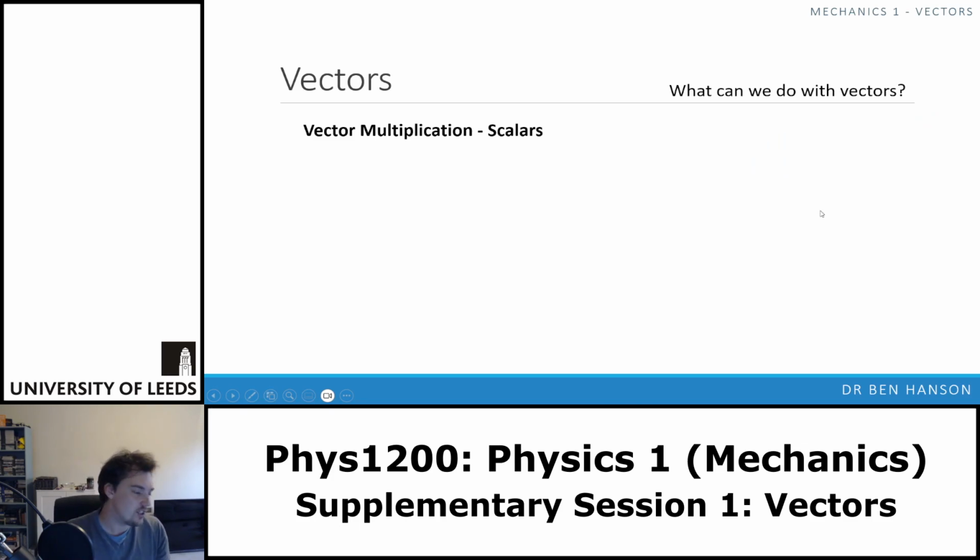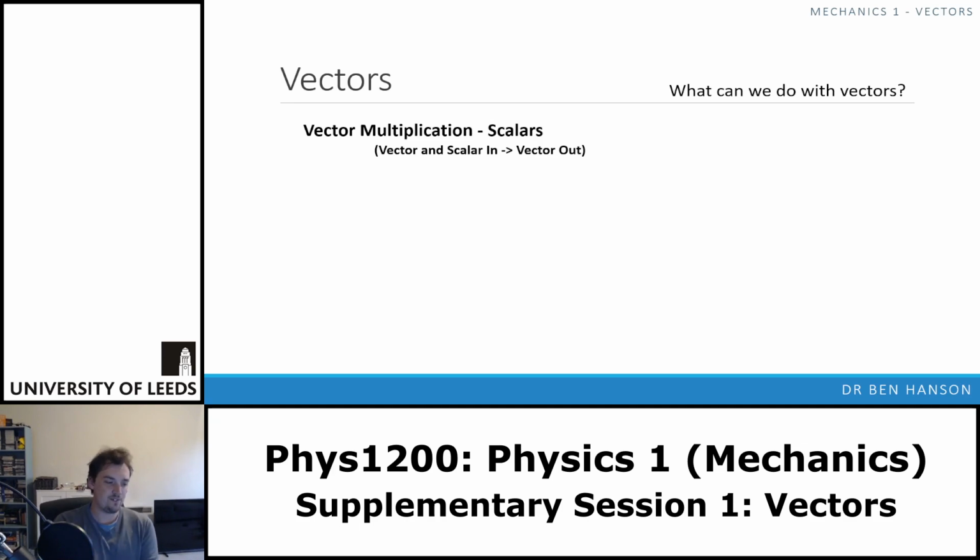So now we've done addition and subtraction. Obviously, the next thing to do is multiplication, right? Vector multiplication. If I multiply a vector by a scalar, does that make sense? Yes, it does. We can define it such that it makes sense.